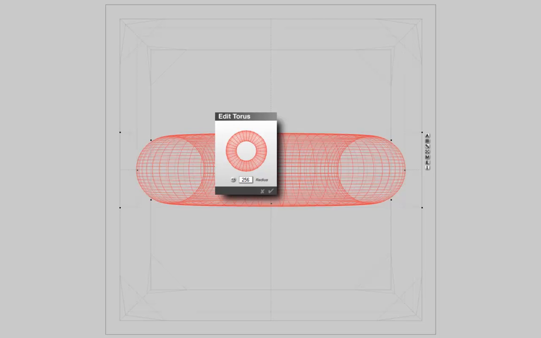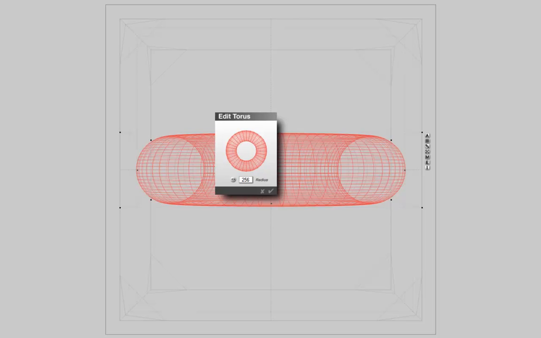However, the radius for the torus is 100 times higher. It is not possible to enter fractions in the edit torus field, only integers. Since they are hundreds of Bryce units, you can mentally divide the value of 256 to 2.56, and this is the radius that matches with the diameter C of 5.12.